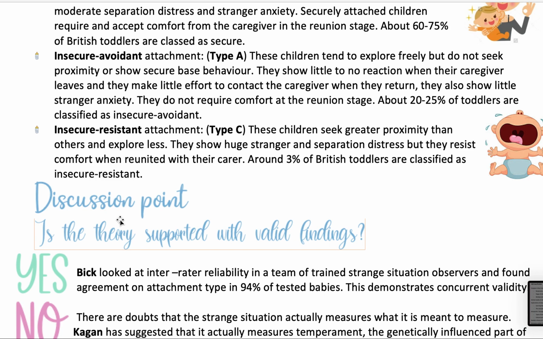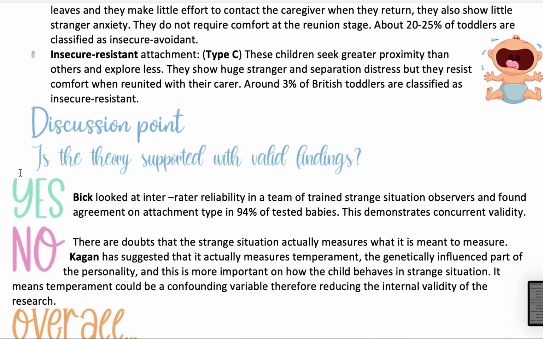And then insecure resistant type C, 3%, so it's obviously very rare. They were showing high levels of proximity, high levels of distress, separation anxiety, stranger anxiety, and then resisted comfort upon reunion.